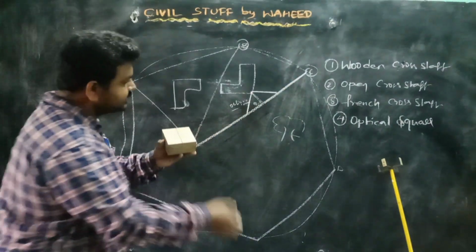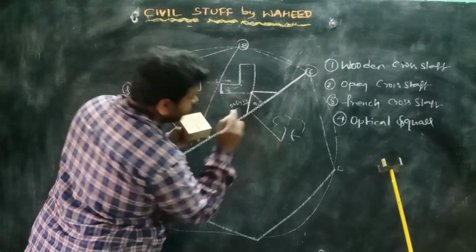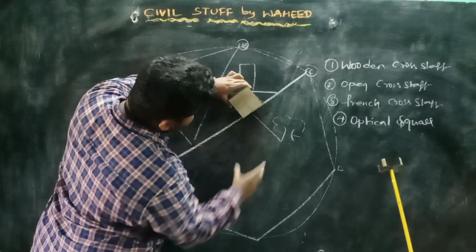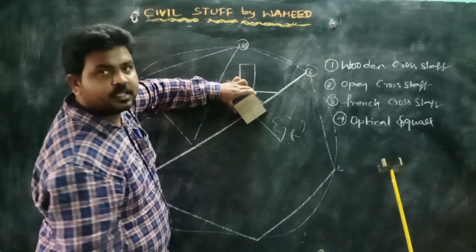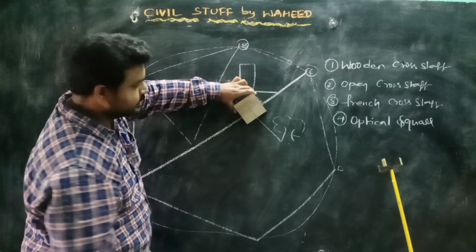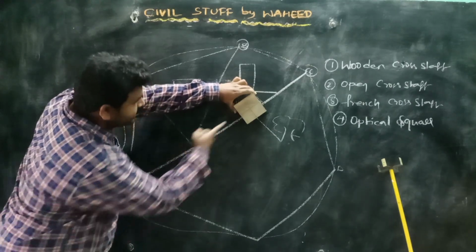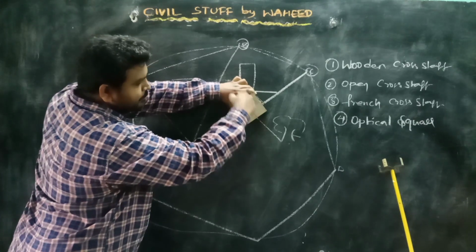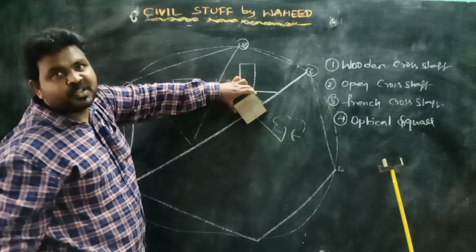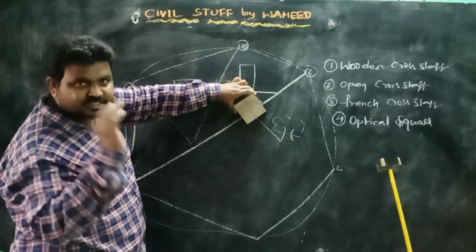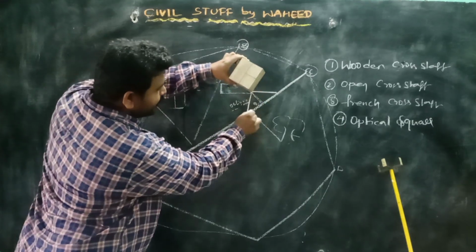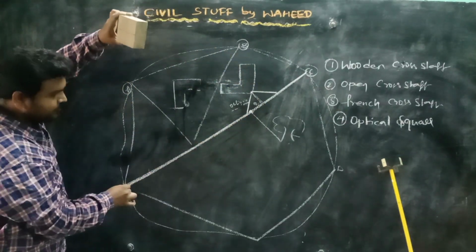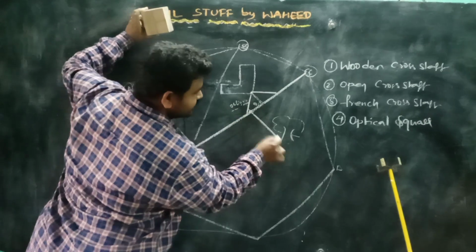For example, if we want to take this one, I will keep my wooden crosstalk like this. I will adjust this line with the ranging rod and adjust this perpendicularity with the object. Once it is adjusted, I will make a point here and calculate the distance of this one and the distance of this one.